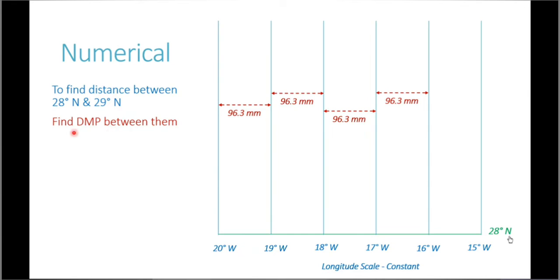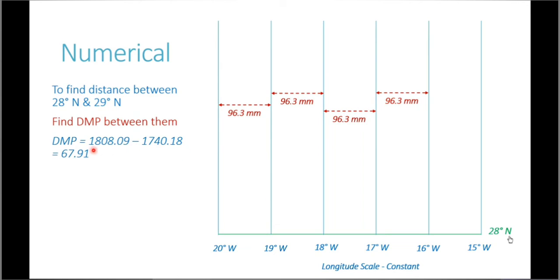So what we are going to do is we will find out the DMP between 28 and 29. Now, how do we find the DMP? From the meridional parts table in the Norris table. So from the meridional parts table, if you check the meridional parts of 28, that is 1740.18.